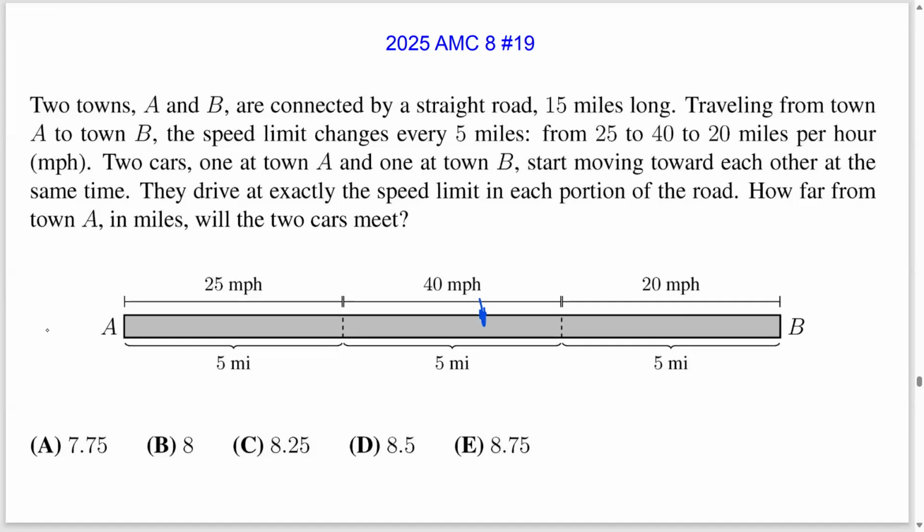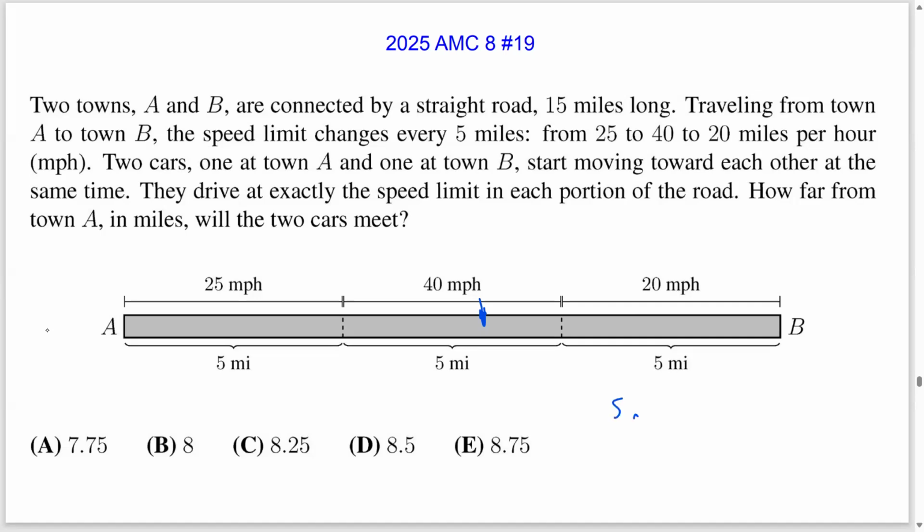So let's first find the amount of time it takes to get from A to B using the given distances and speed limits. So for the first third of the distance, going 25 miles per hour for 5 miles, we can use distance equals rate times time.